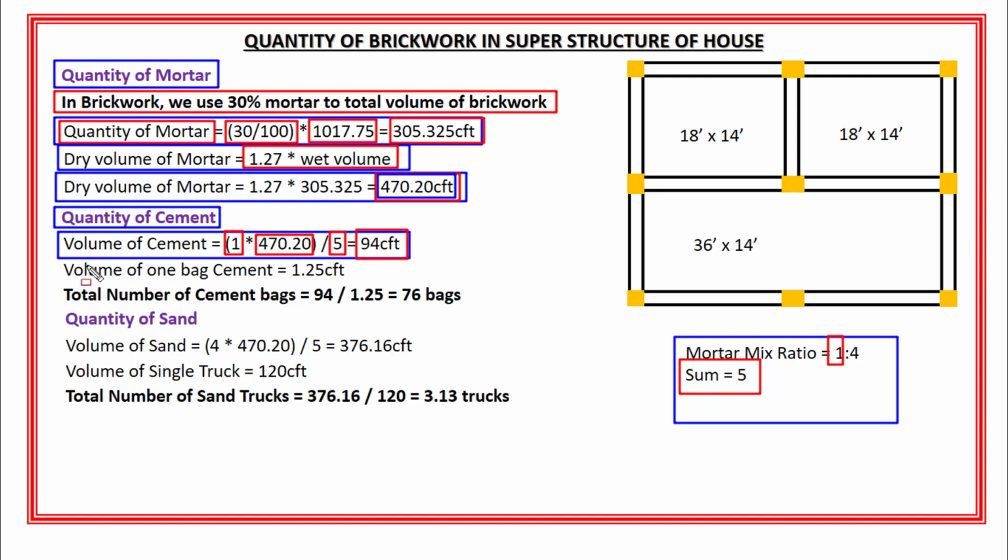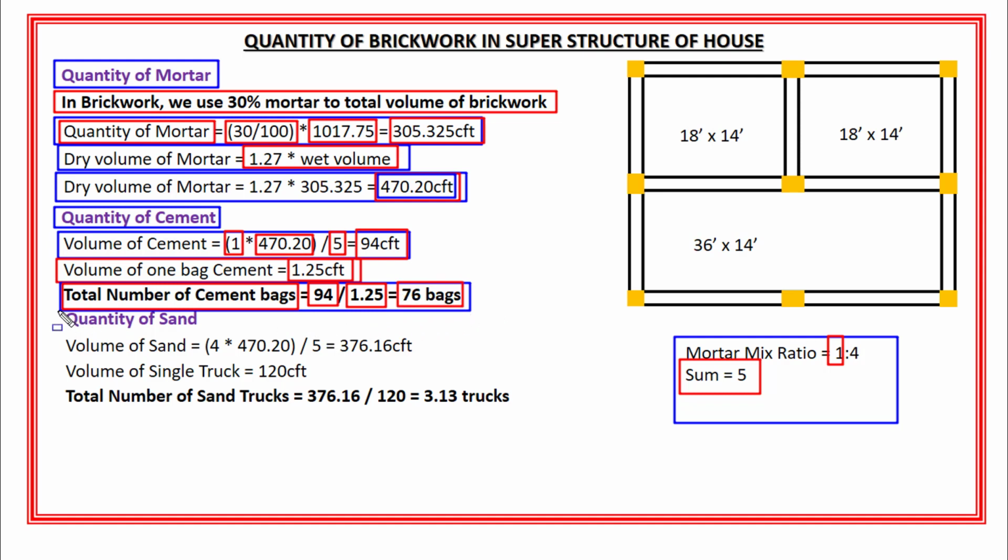Now we know that the volume of single cement bag is equal to 1.25 cubic feet. So the total number of cement bags is equal to volume of cement divided by volume of single cement bag, which is 1.25 cubic feet. And the total number of cement bags will become 76 bags, right?